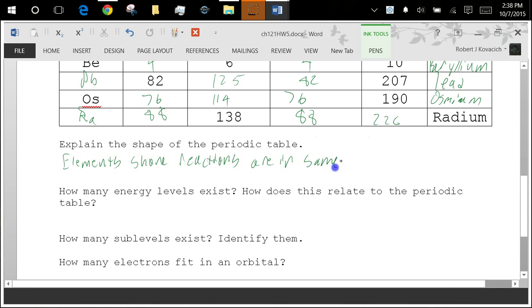Does that say share? Yeah, share reactions, like they're the same kind. And they're in the same column. So everybody in the same column basically reacts similarly to each other.